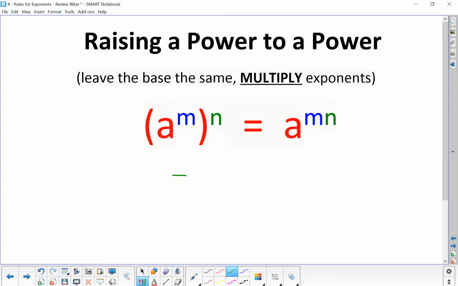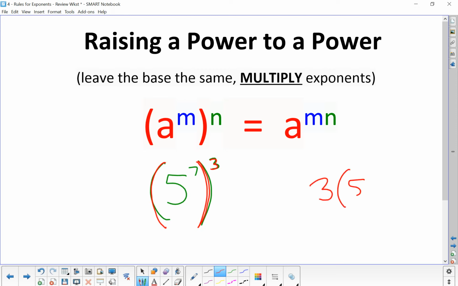Another way to think of it, if I have 5 to the 7th power and I want to raise that to the 3rd power, is to think about the fact that this power is touching the parentheses. And anytime you have a value touching parentheses, it is implied multiplication.